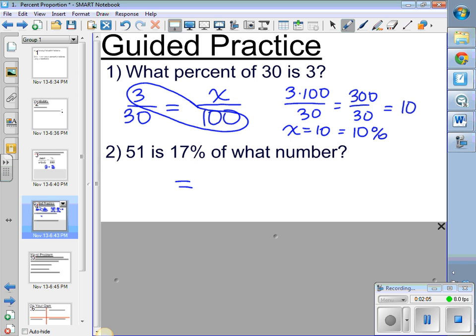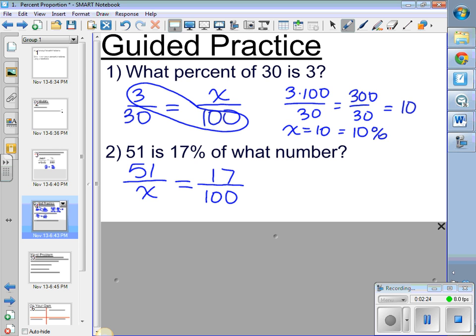All right, next we have 51 is 17% of what number? So this is always our percent, so it's 17. You don't need the percent sign. And then 51 lines up with our part, and this is the whole we're looking for.